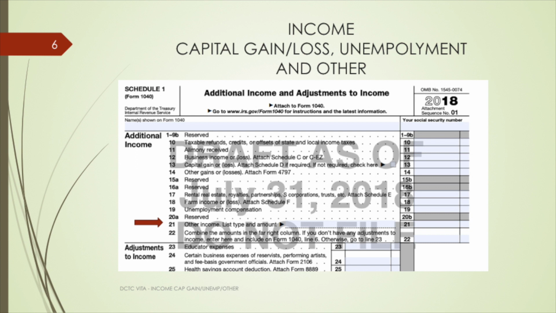TaxSlayer software will have a screen for the tax preparer to list the other income items as well as the amount. Now, all the additional income amounts from lines 1 through 21 on the Schedule 1 are combined and then entered on the Form 1040, line 6.